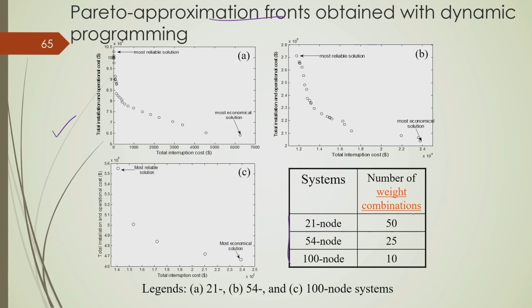These are the different numbers of weight combinations that we took in the 21 node, 54 node and 100 node systems. Therefore, in the 21 node system we get more solutions, because we have taken more weight combinations, but for the 100 node network we get fewer solutions, because we took fewer weight combinations.